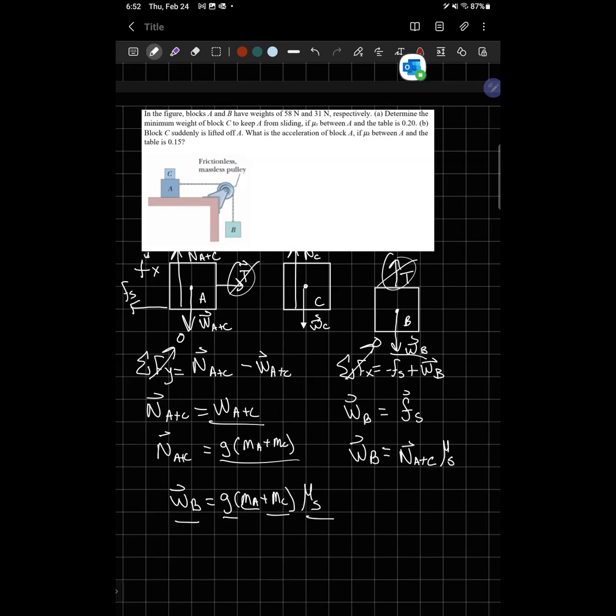So just by doing some algebra, WB divided by G mu S equals MA plus MC. And then I'm going to subtract MA. And like I said, we can solve for MA, equivalent to WA divided by gravity.